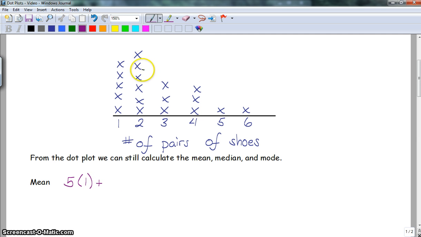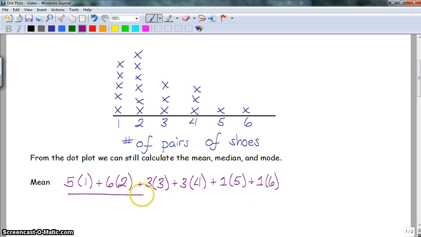I'm going to add my 6 points that have a value of 2, plus my 3 points that have a value of 3, plus my 3 points that have a value of 4, plus my 1 point that has a value of 5, plus my 1 point that has a value of 6, and divide that by the total number of data points there are. So in this case, 1, 2, 3, 4, 5, 6, 7, 8, 9, 10, 11, 12, 13, 14, 15, 16, 17, 18, 19 data values.